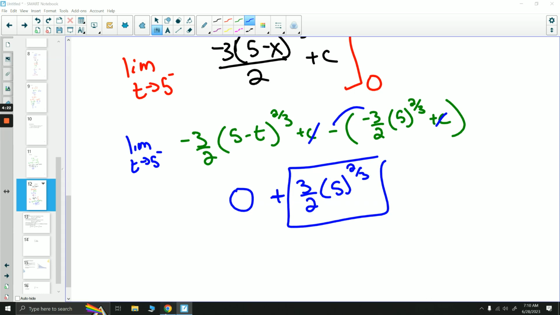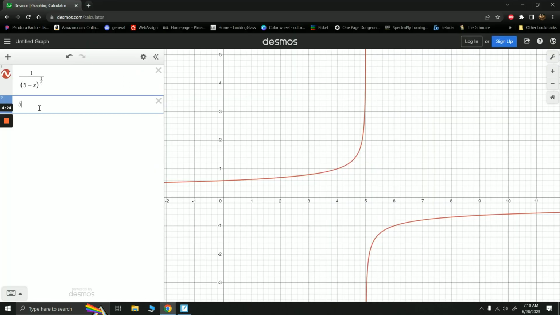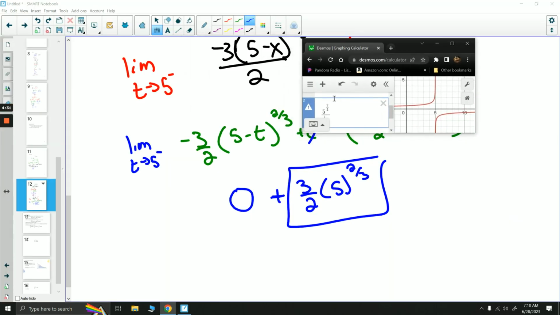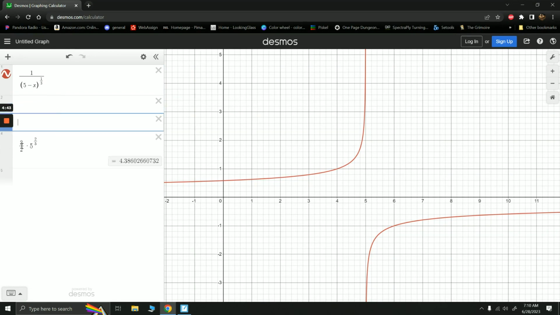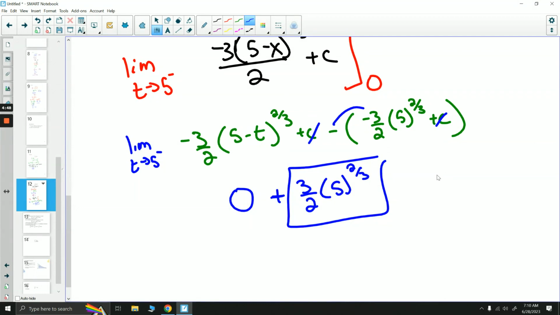Let me clean this up just a little bit: 5 to the 2/3 times 3/2. See if it cleans up a little bit. It might not, and that's okay. Nope, it doesn't, so I guess we're just going to leave it there. That makes sense. So we get 3/2 times 5 to the 2/3.